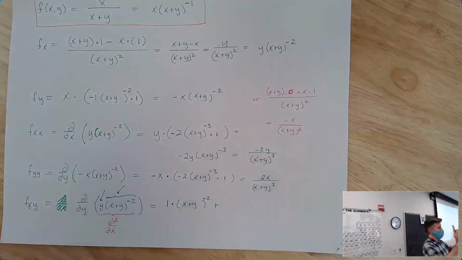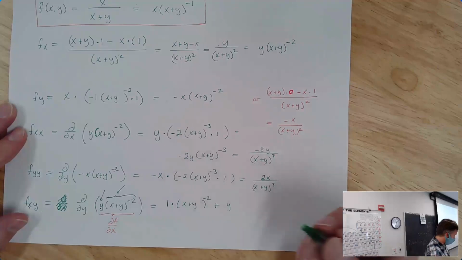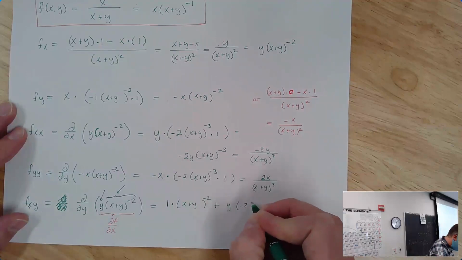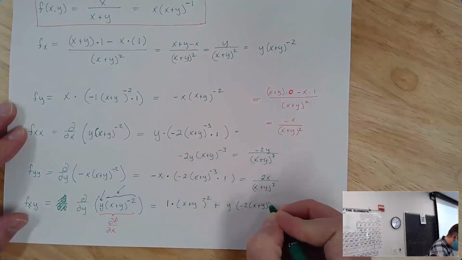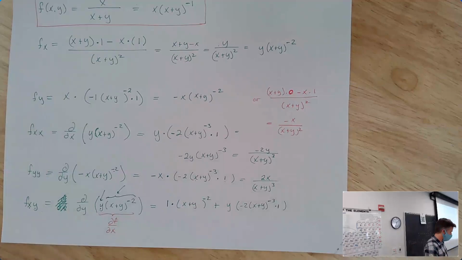Plus, then we flip it: we leave the first piece alone, and we multiply by the derivative of the second piece, which is going to be -2 times (x plus y) to the negative third times 0 plus 1. That's not very nice looking. It's okay, it happens.